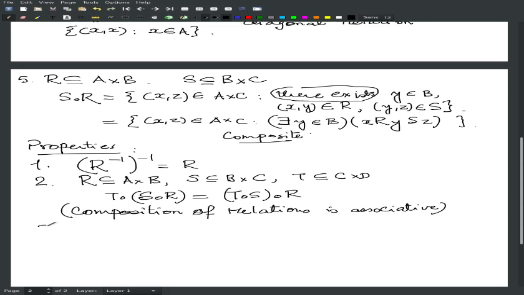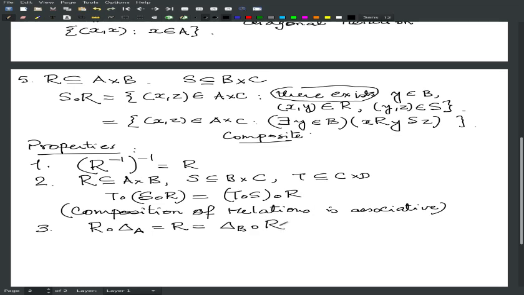And then, well, the diagonal is something very nice. R composed with delta A, if R is from A to B, is still equal to R. And on the other hand, delta B composed R is still the same.